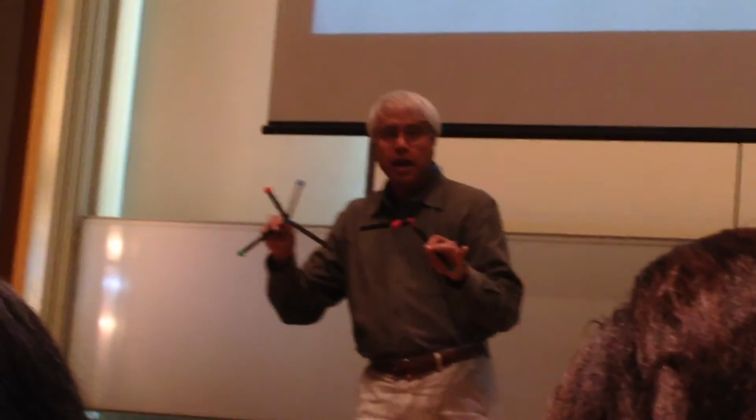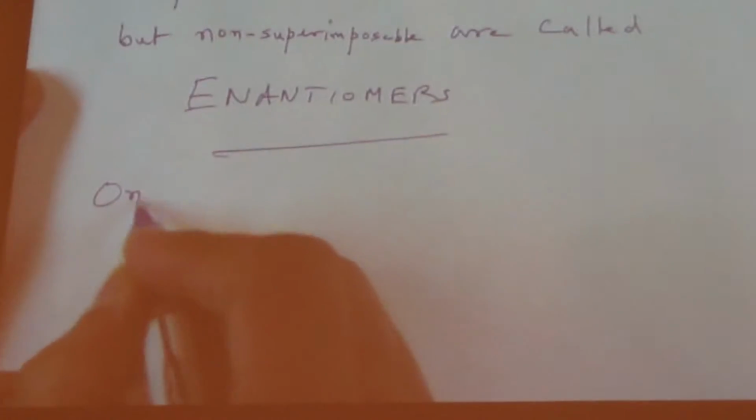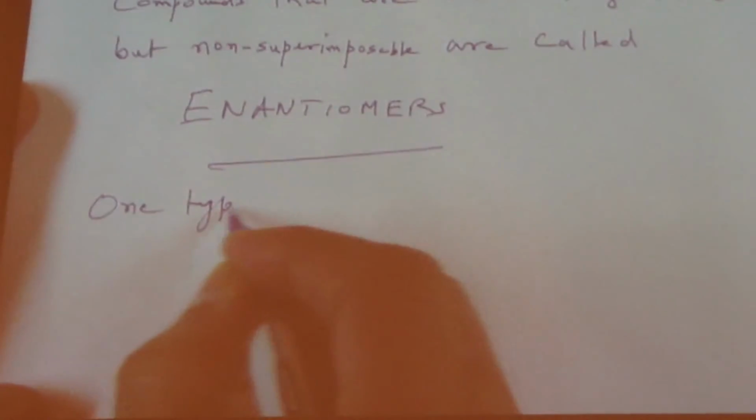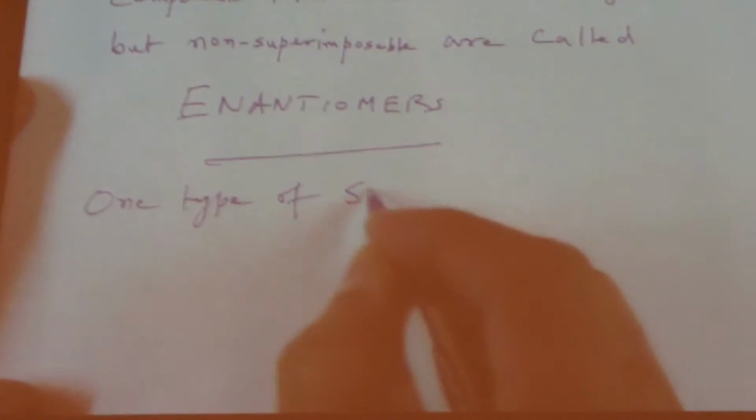So these two are enantiomers. Okay. And the compounds would therefore be stereoisomers. They are one type of stereoisomers.